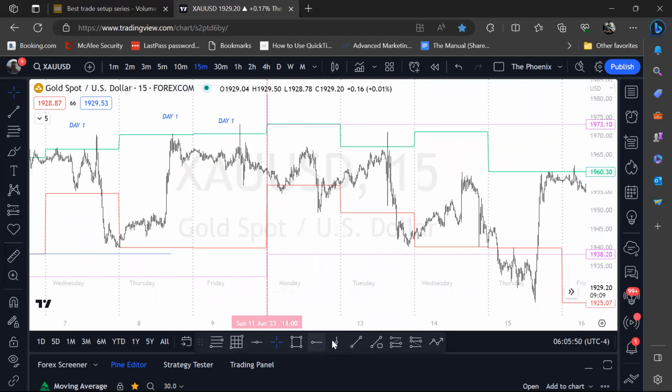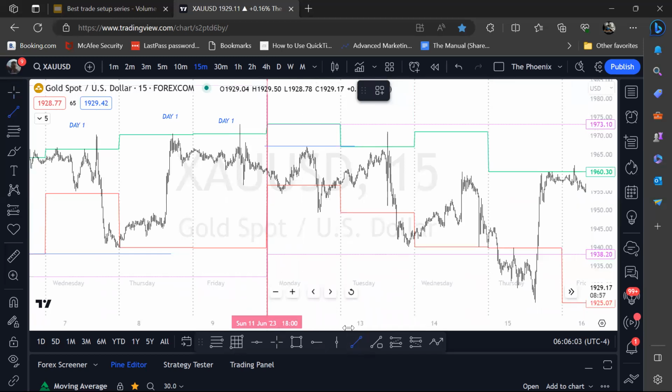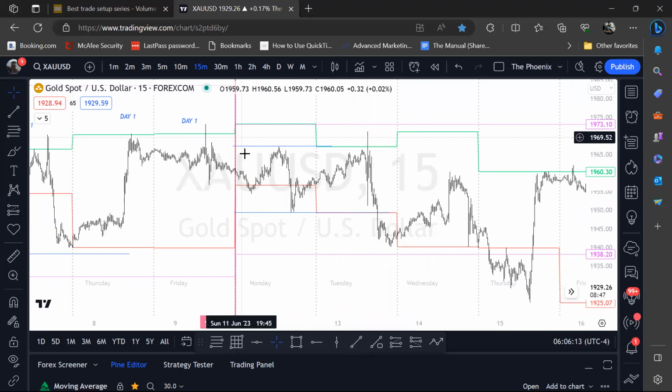All right, so moving into the next week, we again establish the range for the week. Remember, we have day one on Friday of the previous week. So what has happened?